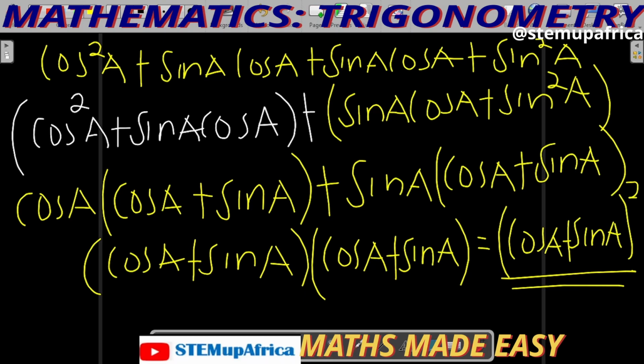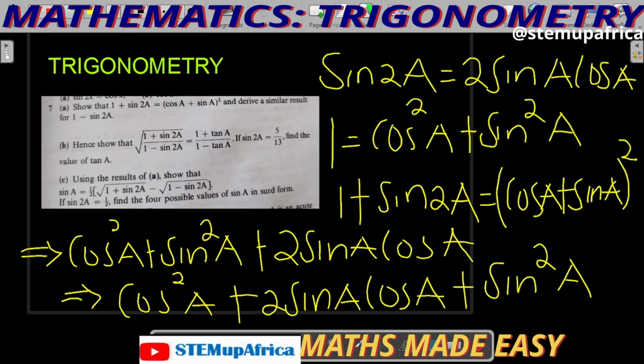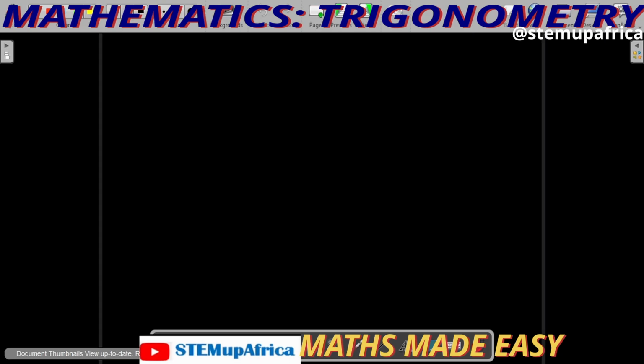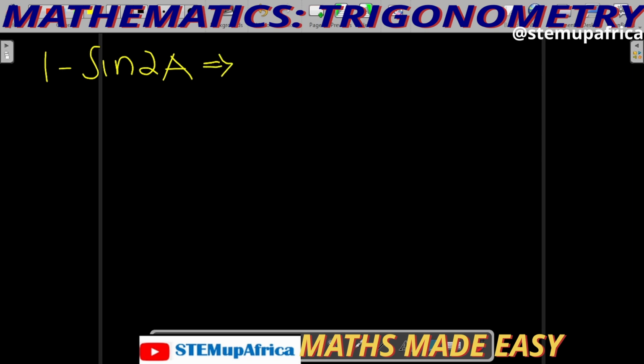So let's go to the same question. It says derive a similar result for 1 minus sine 2a. Let's do that. So this time we're having 1 minus sine 2a. What result are we going to have in this case? So the same variable, in place of 1, I'm having cos square a plus sine square a.